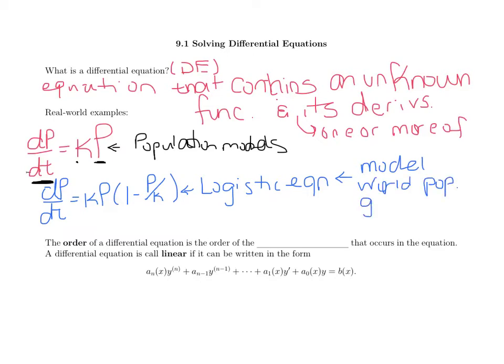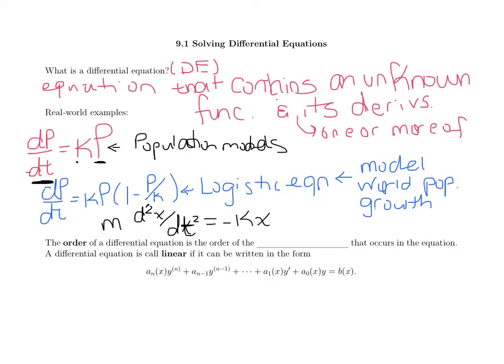We're going to see these equations again later, but I'm just trying to give you some examples of what a differential equation might look like. And one other one, if you're interested in physics, that you may have seen before is m d squared x over dt squared equals negative kx.